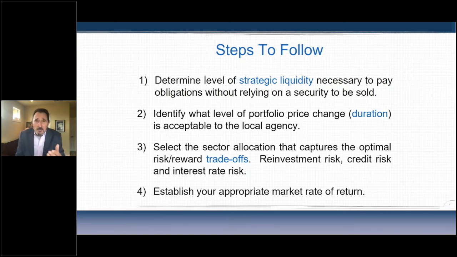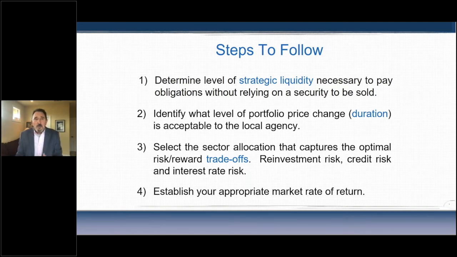The lesson to take away from that was that the policy started with what was legal, but it didn't get to the suitability part of it. The investment policy describes how much liquidity is suitable, how much interest rate risk is suitable, what our allocation should be, and what our market rate of return should be.